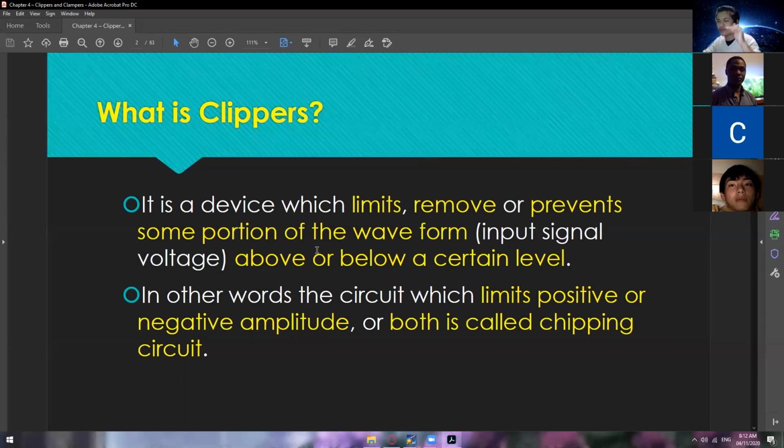Vice versa, if we have a waveform on the bottom, then the upper portion was being clipped or was being removed. So in other words, clippers are a circuit which limits positive or negative amplitude or both, called a clipping circuit. We have already done this one last meeting, limiting the positive part or the negative part. But in clippers, it's also possible that we can limit both of those sides, the positive side and the negative side.